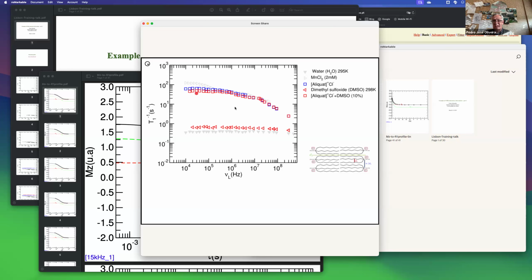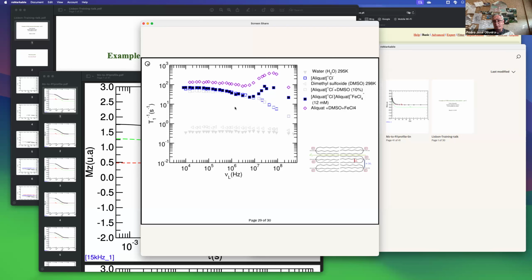And you see, there's not much difference. In the high frequency, almost no difference at all, and in the low frequency part, only a small difference is observed. So I put a little bit of DMSO in Aliquat, and it doesn't show much difference. So yeah, that's it.